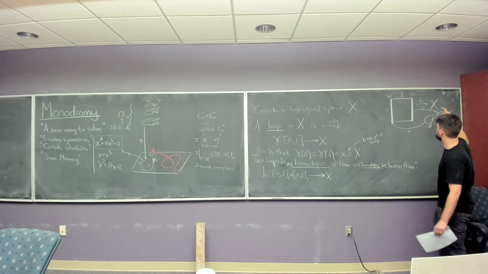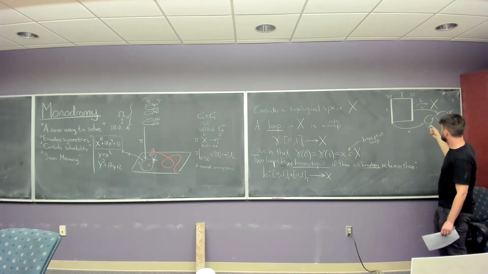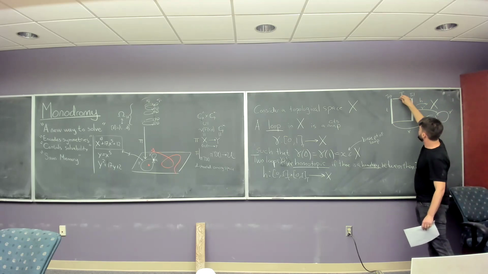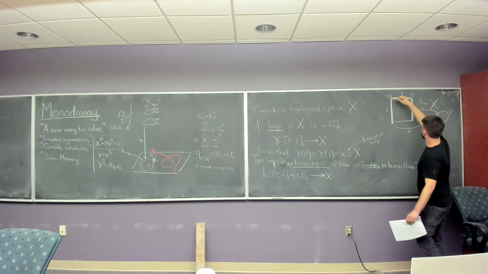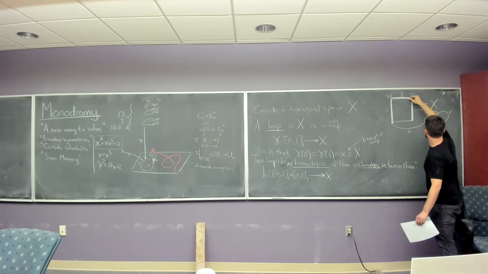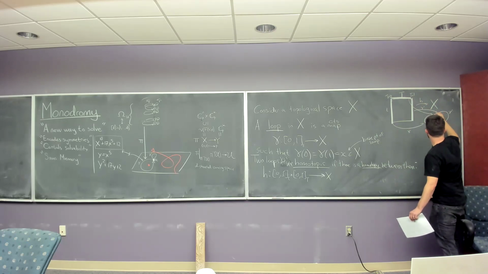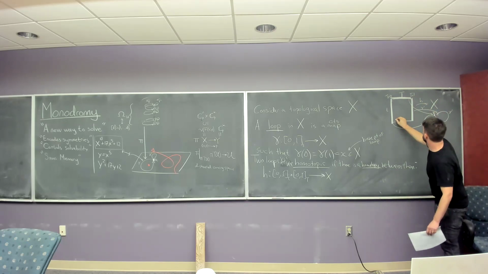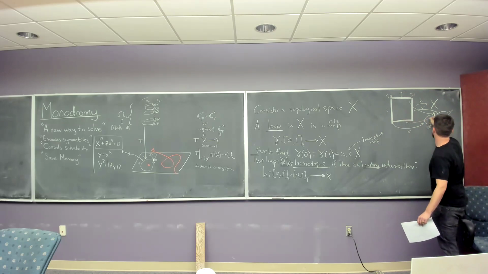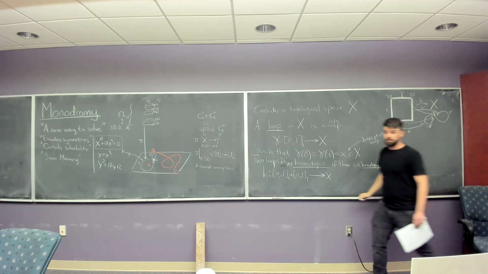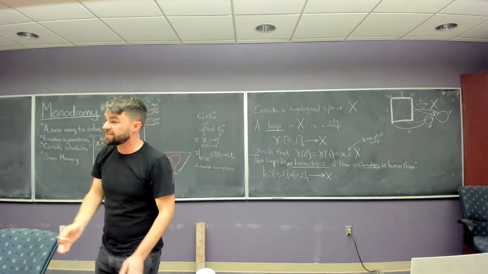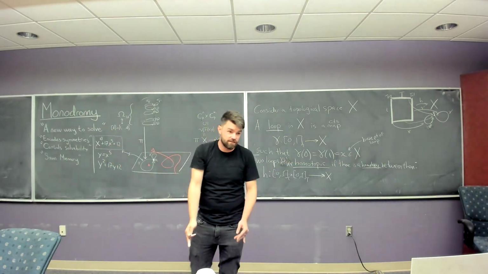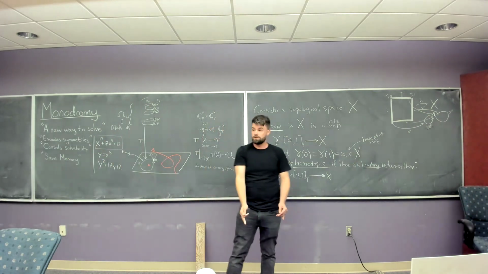Hopefully that's not too bad. And it needs to be continuous. Then we need this to map to the base point, and we need this to map to the base point. So these vertical boundaries of this square mapping to the base point guarantees that every vertical slice is a loop.